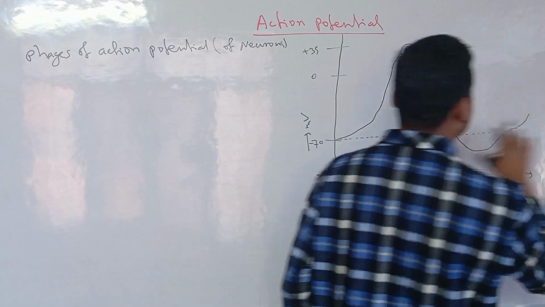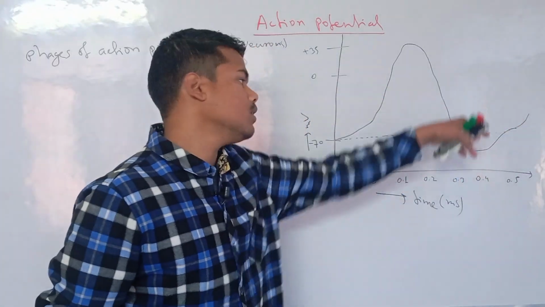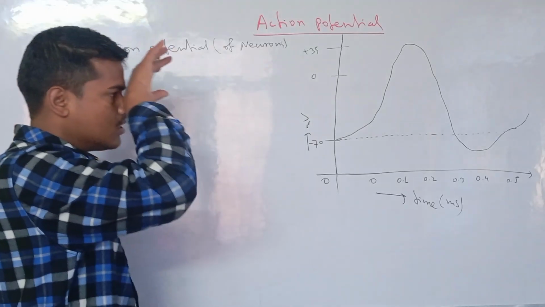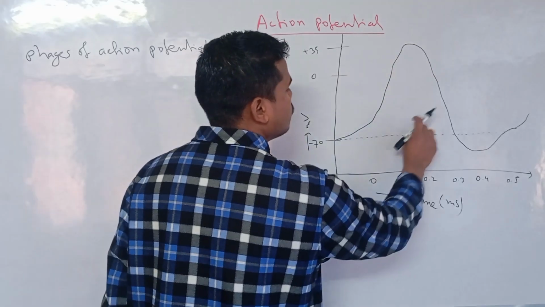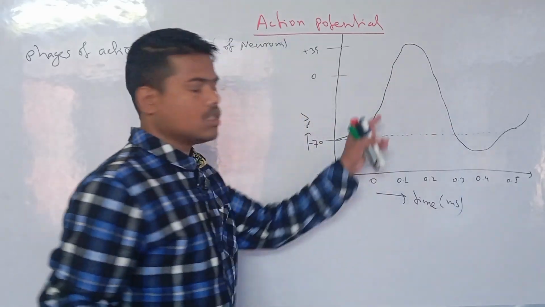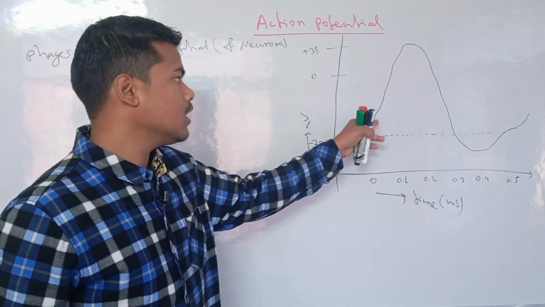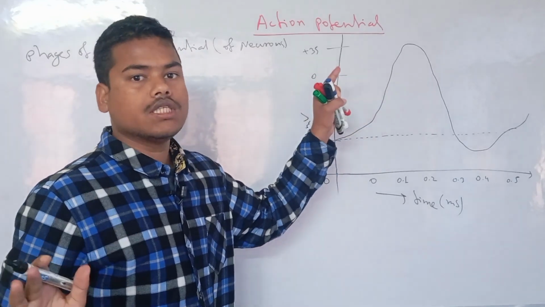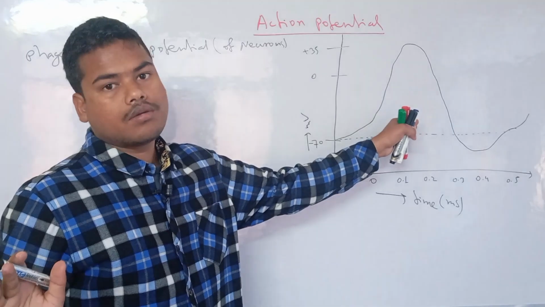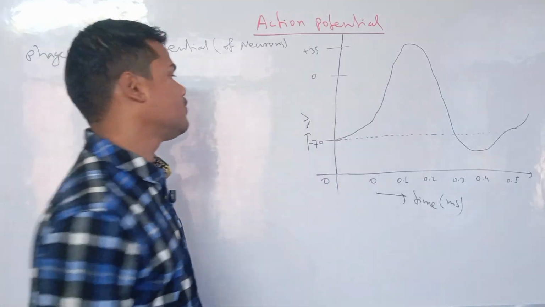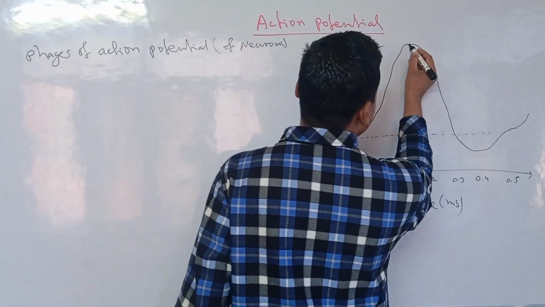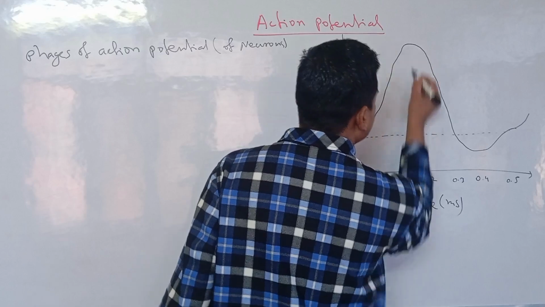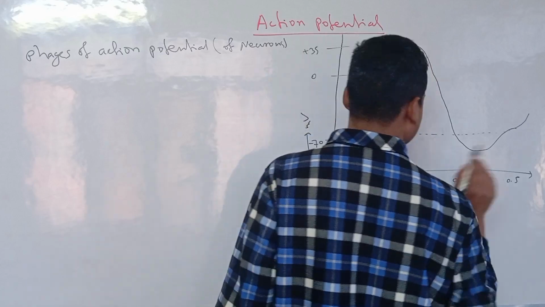And the next action potential will be generated and transmitted in the same manner, with the same amplitude. Once it is generated, the amplitude will not change throughout its pathway. This length, this dimension, is what you call the amplitude.